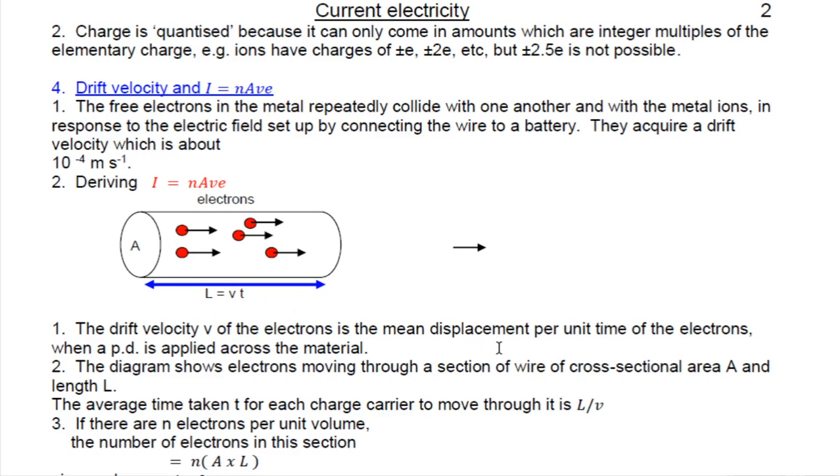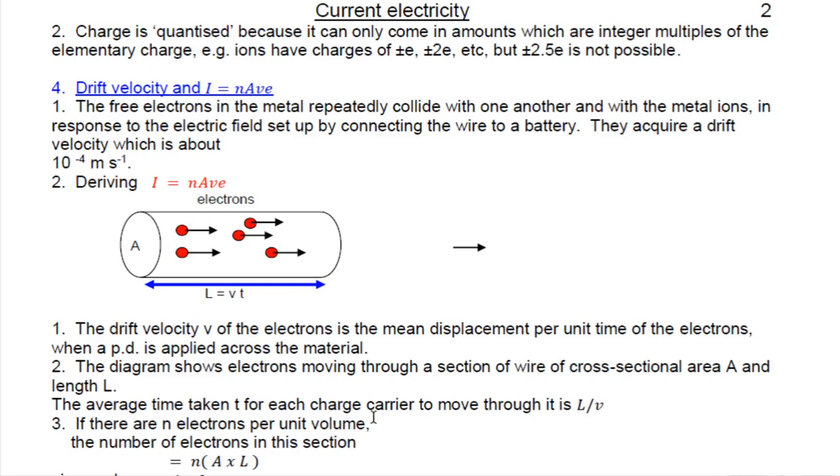So the mean displacement per unit time is the drift velocity when the PD is applied across the material. The diagram shows an electron moving through a section of wire of cross-sectional area A and length L. So this electron and all these are the electrons. The average time taken t for each charge carrier to move through is t equal to distance over velocity, which is L over v.